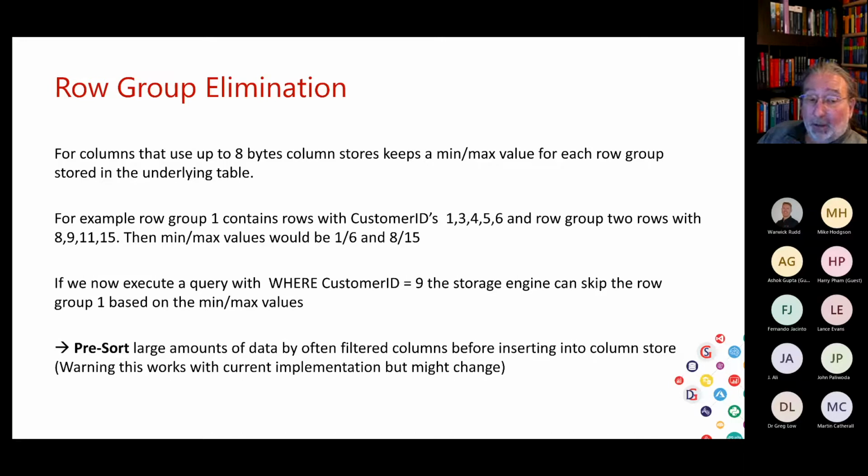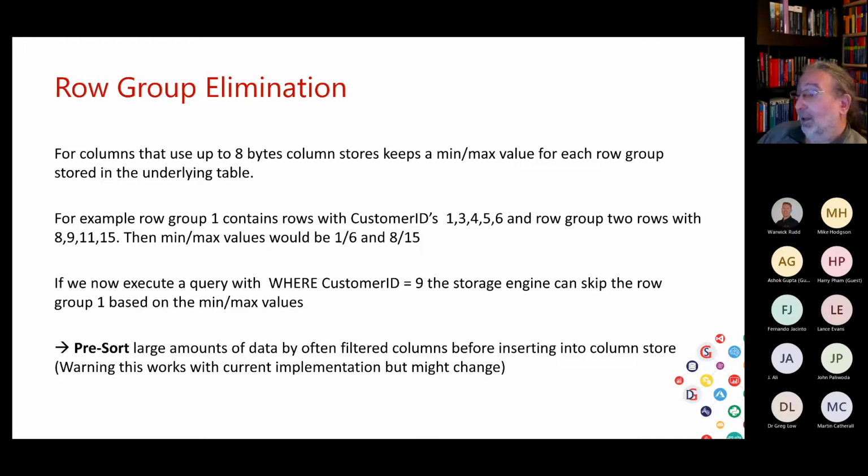This also means that if you have large amounts of data that you insert, pre-sort them by the partition key and all the keys where you expect row group elimination.